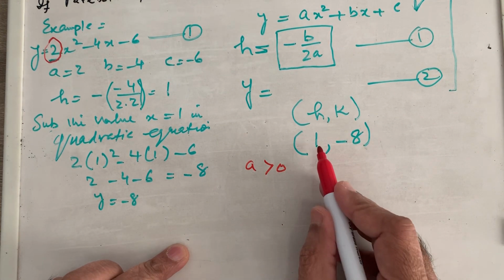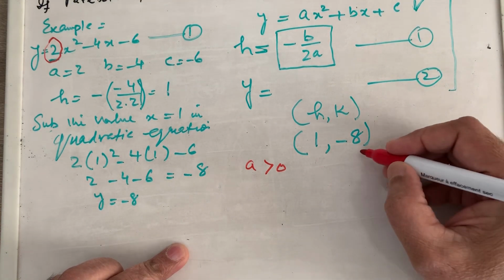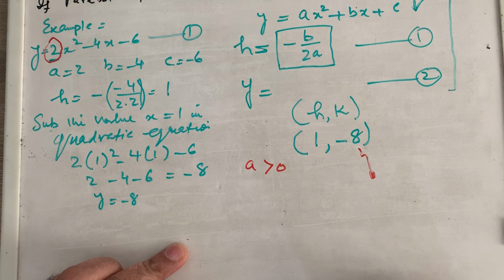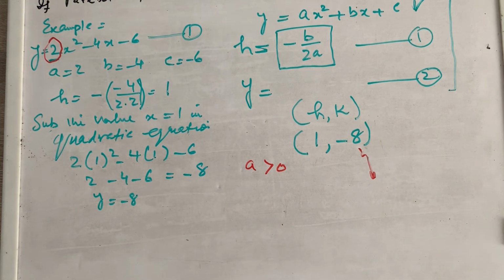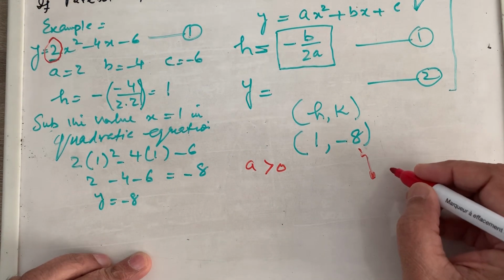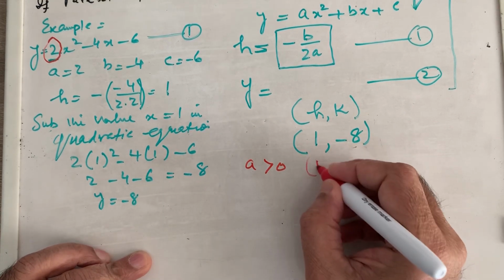So now we have 1, minus 8, right? So this is your k, minus 8. And when a is greater than 0, it is a minimum value, right?